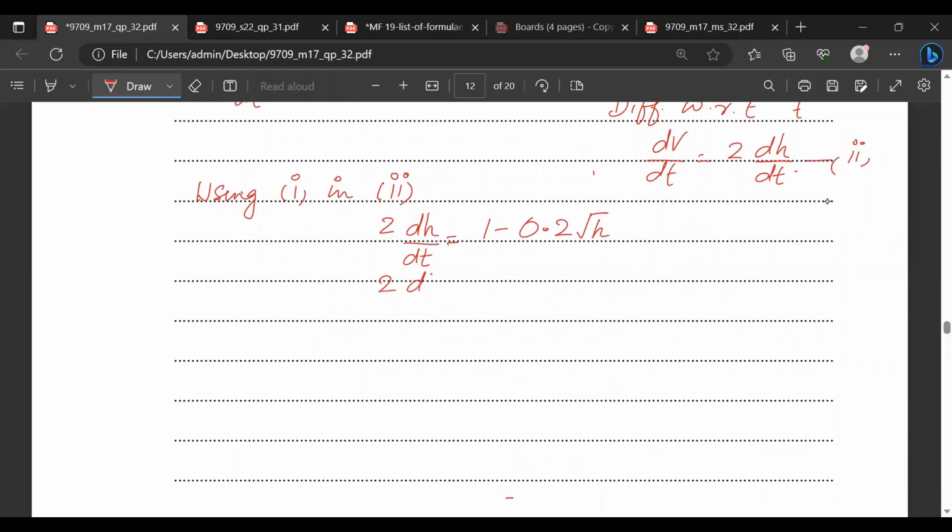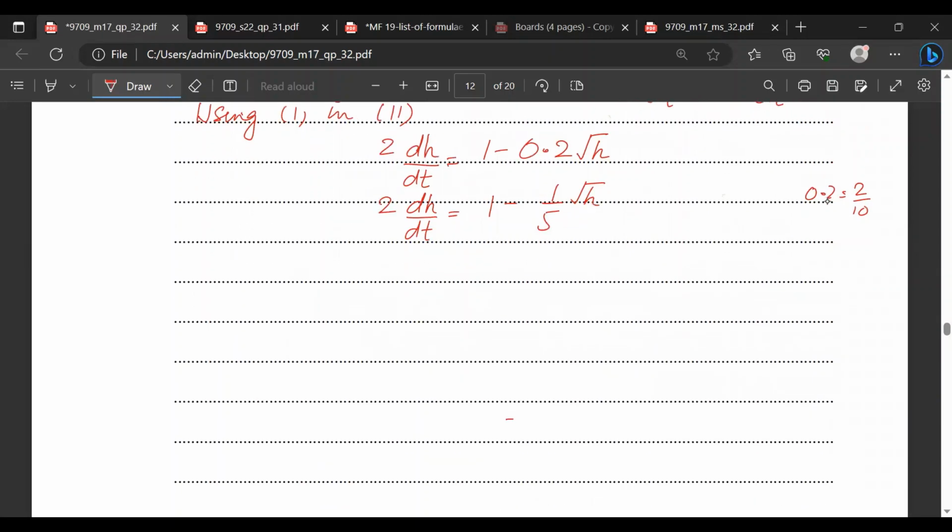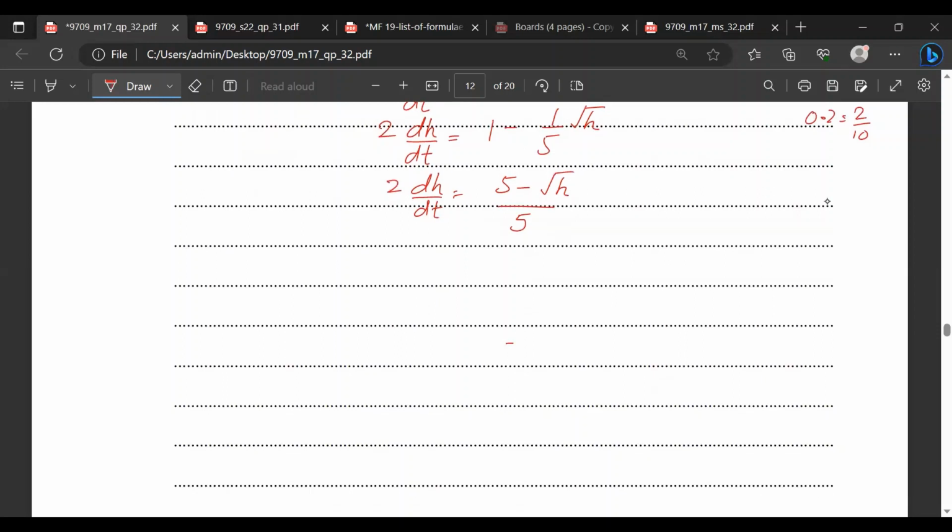So 2 dh over dt. 0.2 means 2 over 10, which is 1 over 5. So 1 minus 1 over 5 root h. You can take LCM: 5 minus root h over 5.